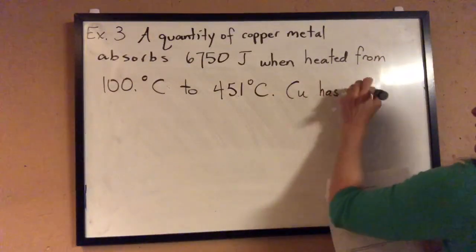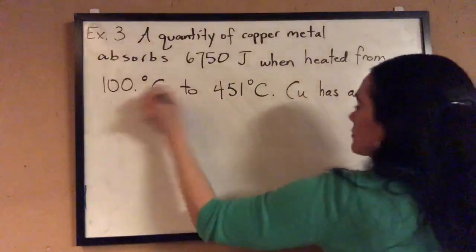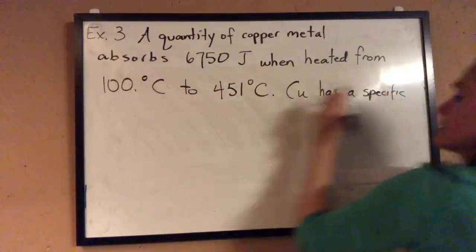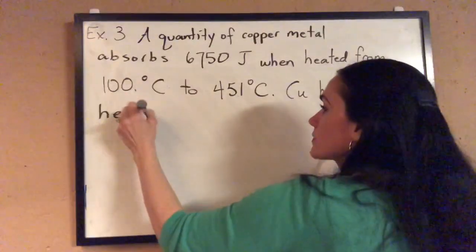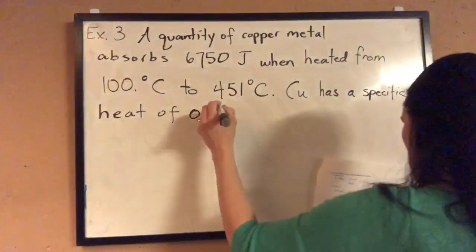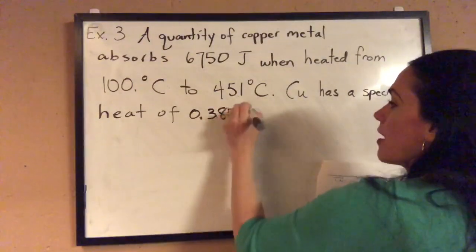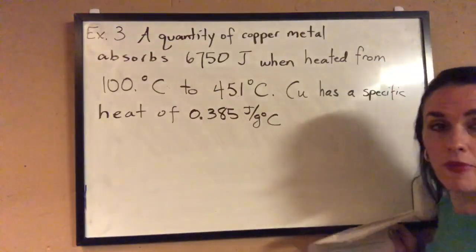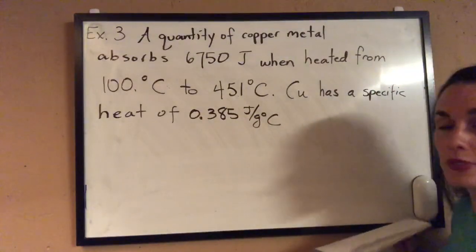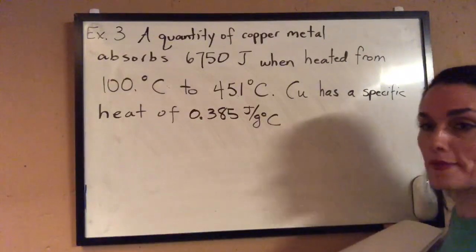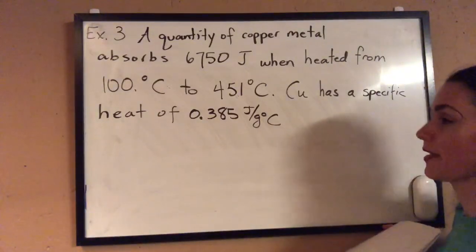Copper has a specific heat of 0.385 joules over grams times degrees Celsius. You already see how small that is in comparison to water. Okay, what do metals typically do? Metals conduct heat, not really absorbing it.